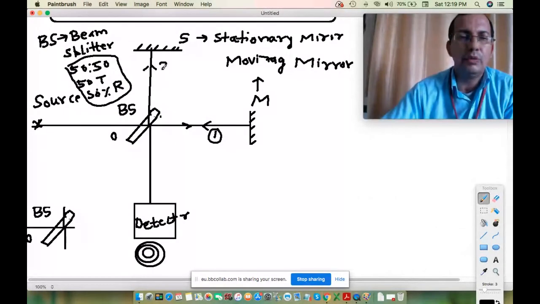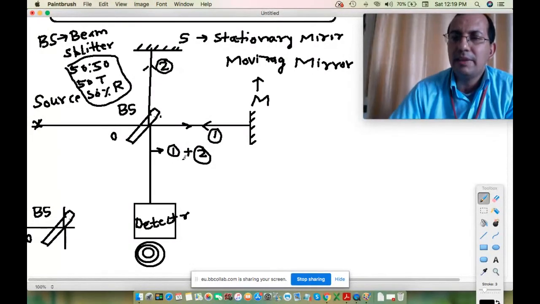This is ray number 2, which is coming from the stationary mirror. So when you have 1 plus 2, both of the beams will interfere.